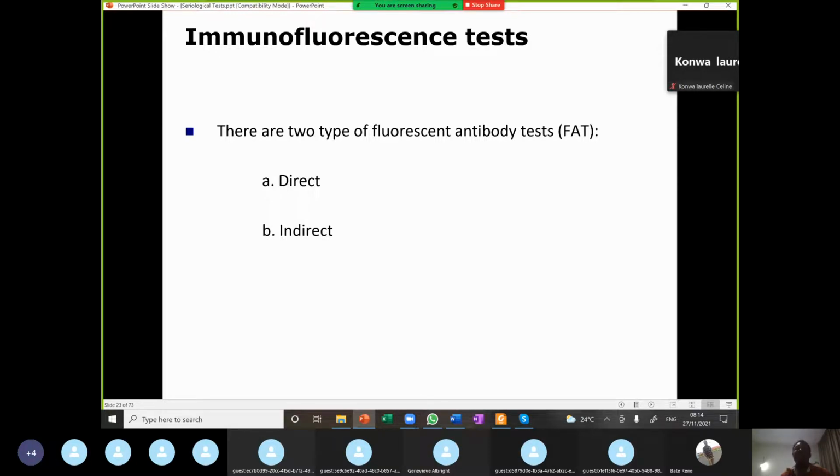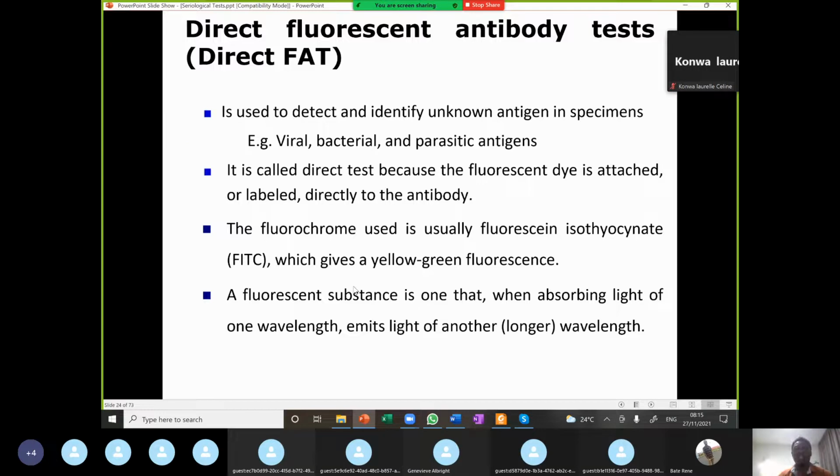If we are labeling directly the antibody that is reacting with our antigen, we call it a direct test. If you are labeling another antibody that will now bind to our antibody-antigen complex, we now call it an indirect test. So that's where the words direct and indirect stem from. So we'll begin with the direct fluorescent antibody test.